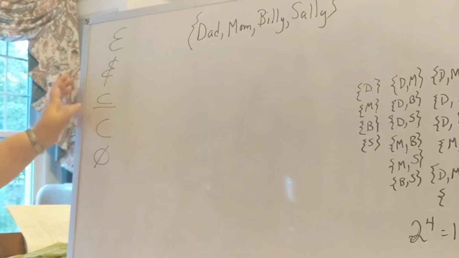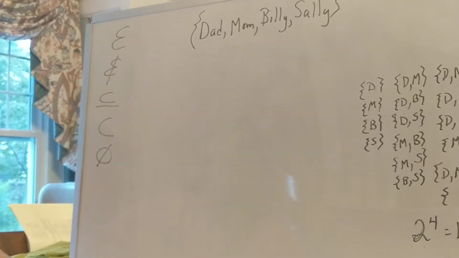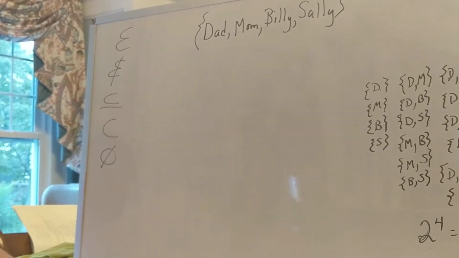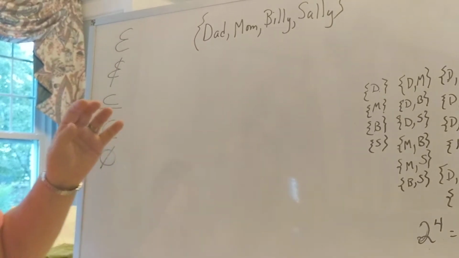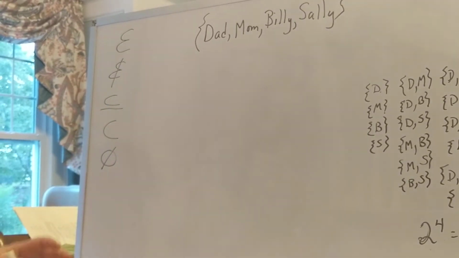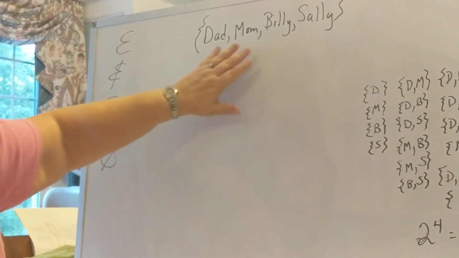The next symbol, the C with the line under it, stands for subset. And a subset is not just one member, but it's a set whose members come from the universal set or a particular set.